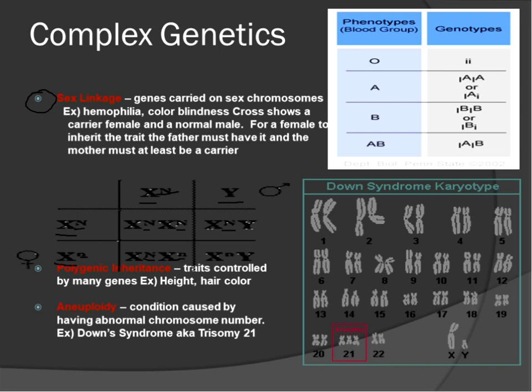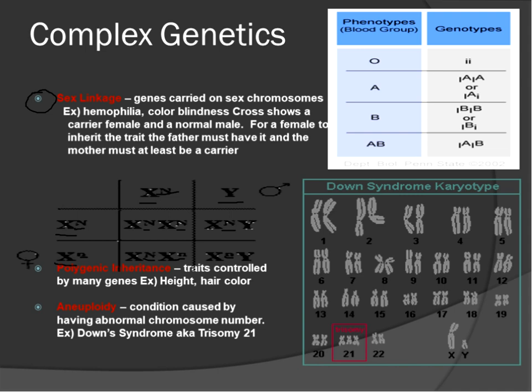In this scenario, they're using a big N and a little n, and the Y does not carry anything. When you do the cross, you get two big N's here, a big N, little n here, and a big N and a little n there. That's just crossing it up.